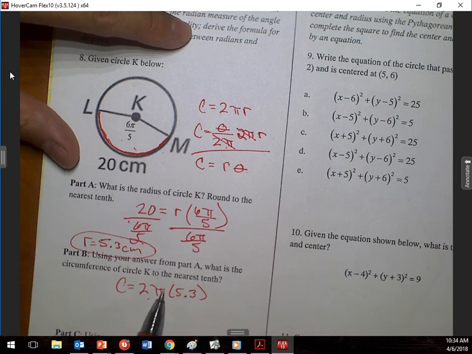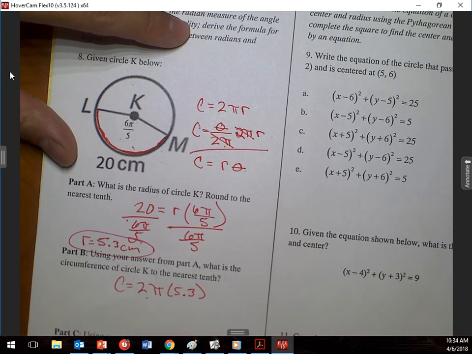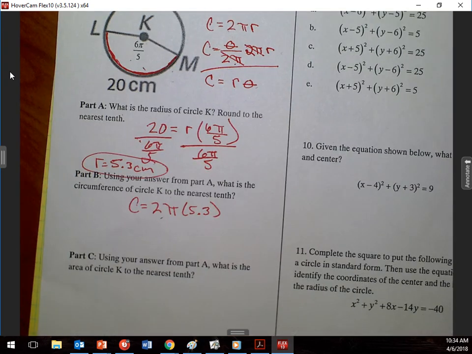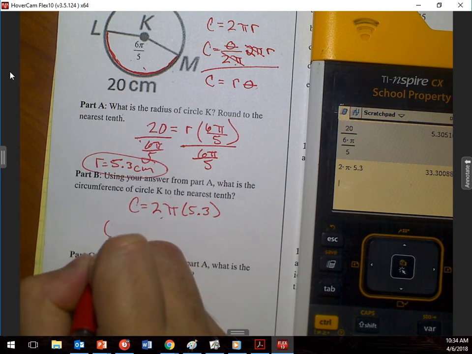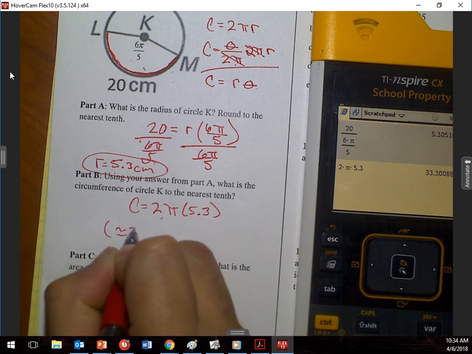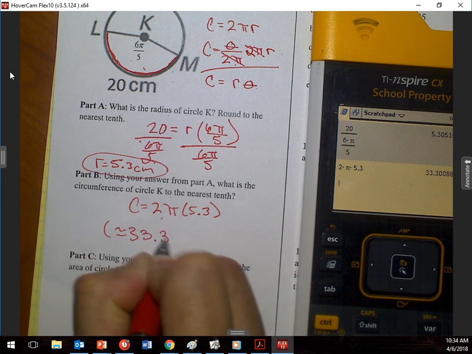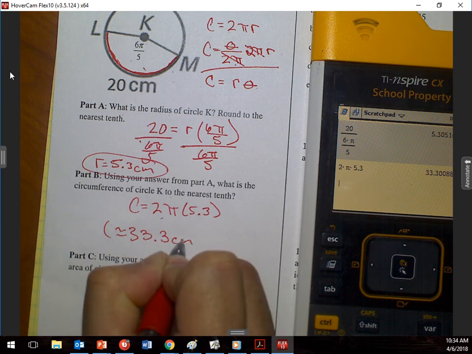Because I use the answer from this one for my radius here. Plug that in the calculator. The whole circumference should come out to be centimeters.